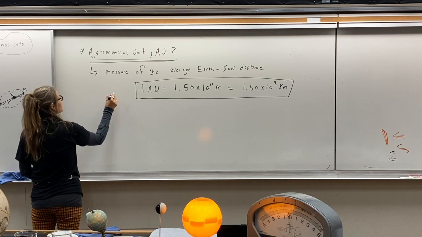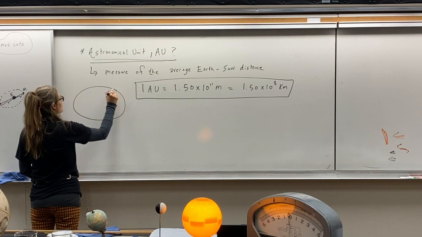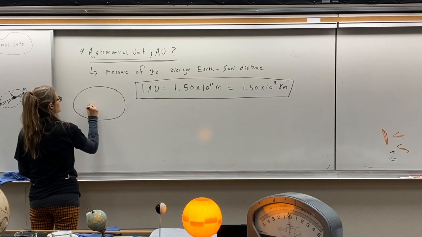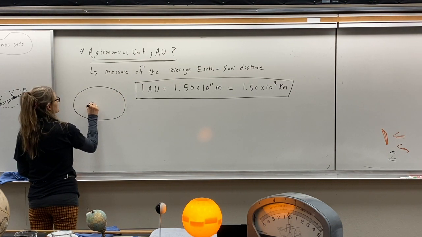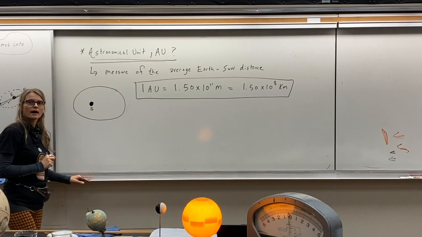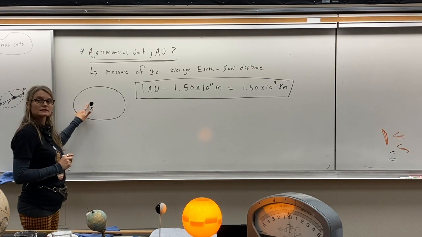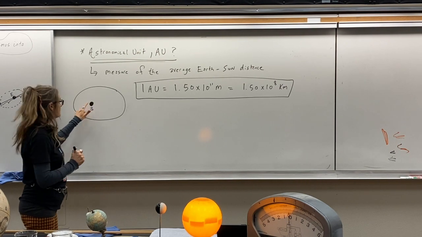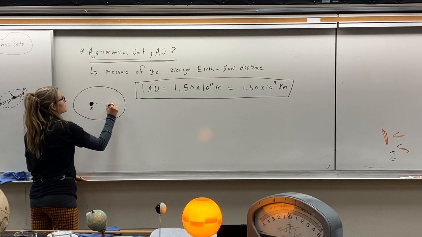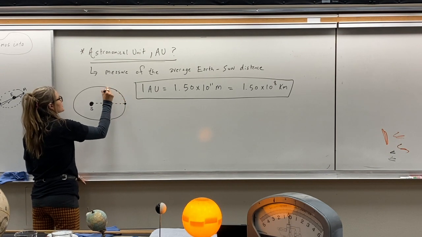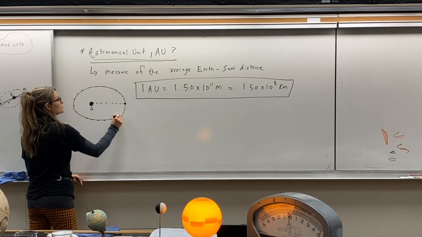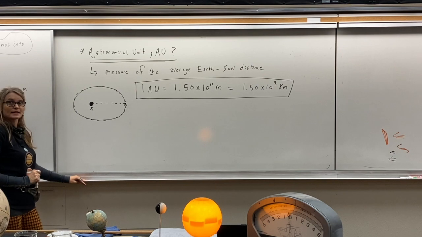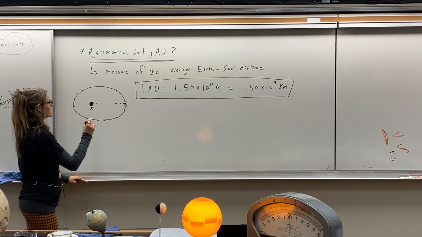So this number right here, 1 AU, will represent this average orbiting distance. So I put the sun at a focal point. An ellipse has two focal points, two foci, and the Earth makes its yearly journey around the sun, its revolution or orbit. That takes 365.25 days.